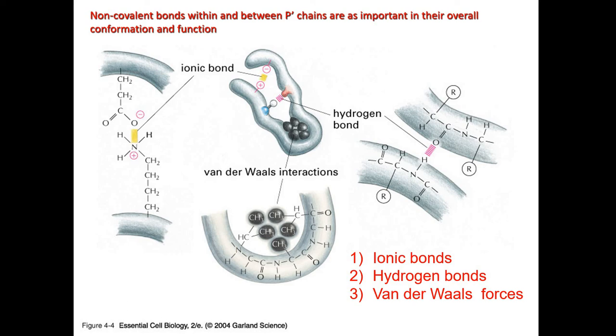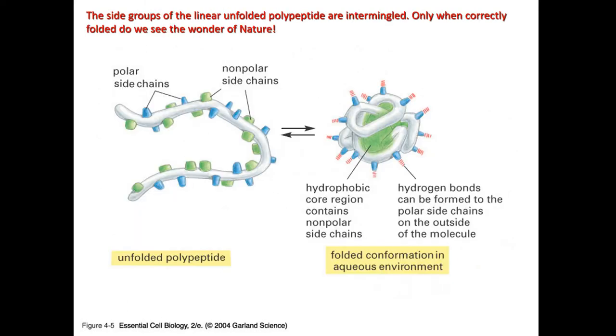Hydrogen bonds play an important role in making the secondary structures also. Then again the protein gets folded by different types of bonds.